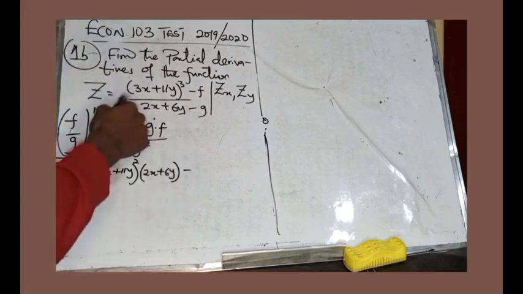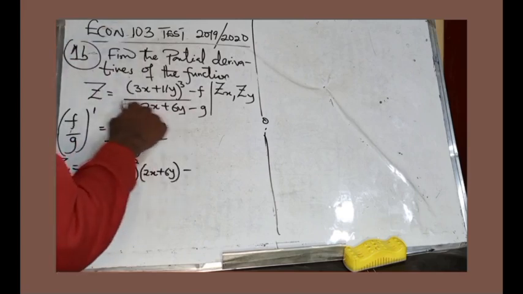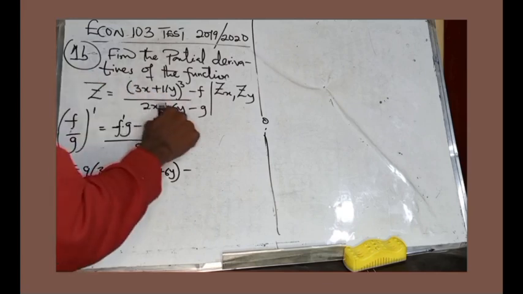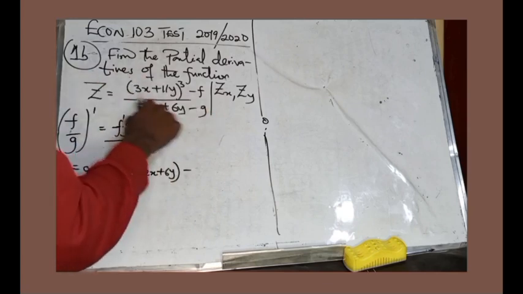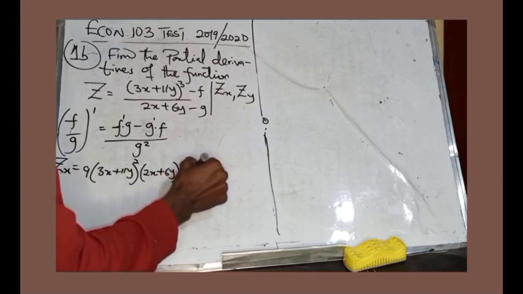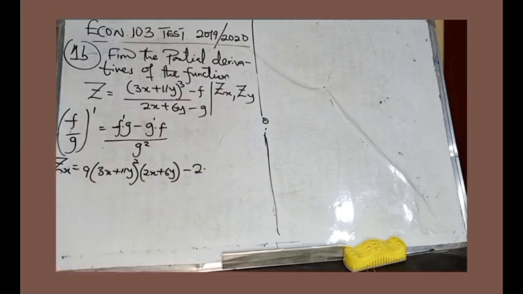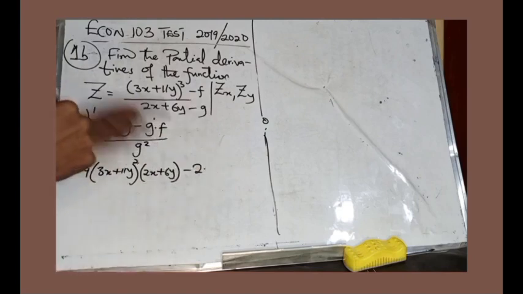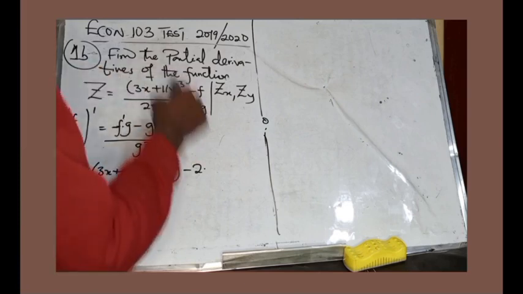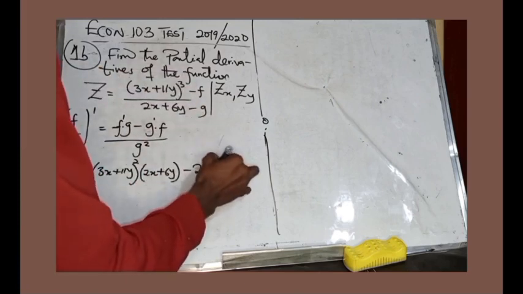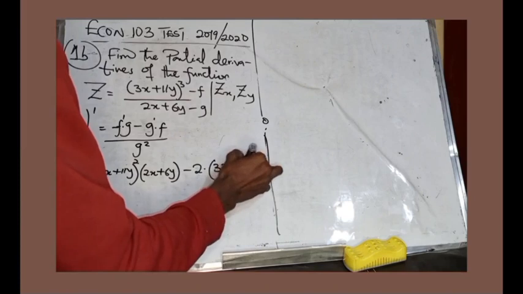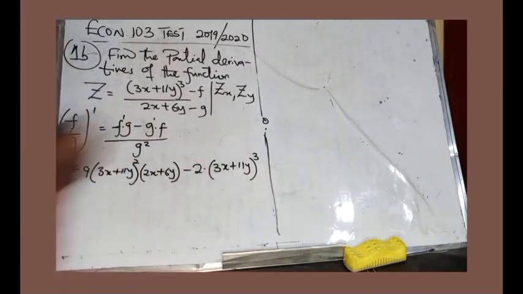So to get my g prime, I differentiate this with respect to x. This is constant, so therefore 0. And if I differentiate 2x, it gives me just 2, multiplied by f; you just bring it down without its derivative. Just repeat the thing the way it is, and this is how I got it.